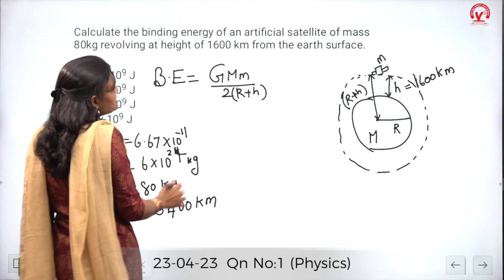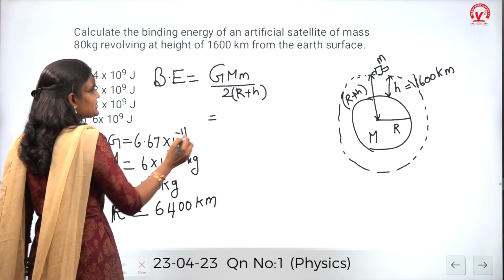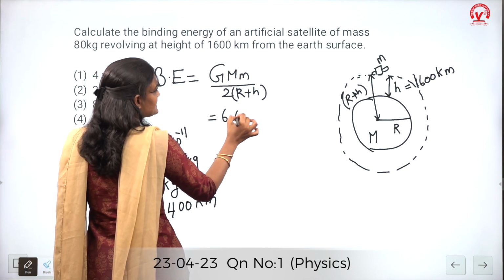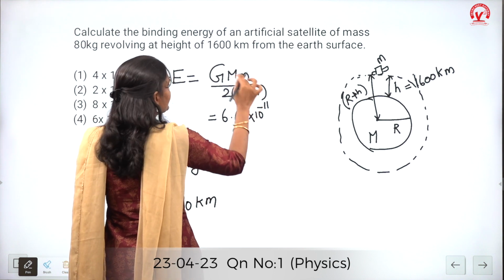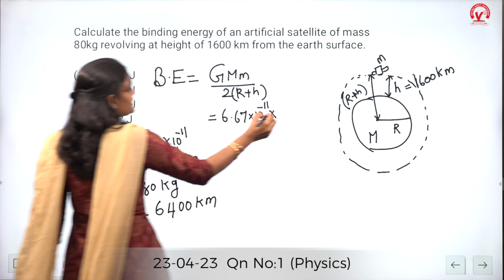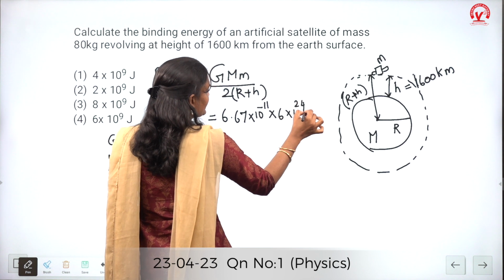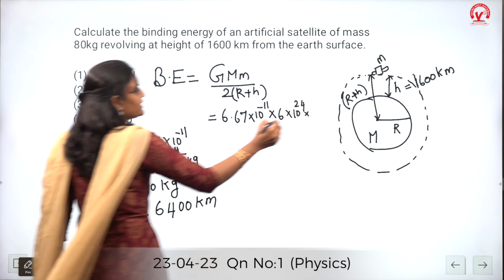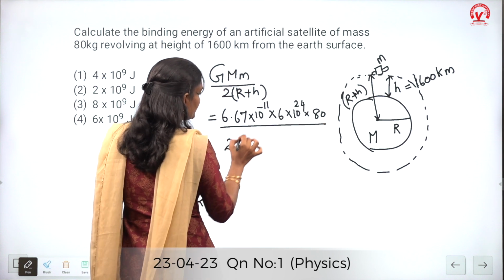Now you substitute in this formula. G is the gravitational constant, 6.67 into 10 power minus 11, into the mass of the Earth, 6 into 10 power 24, and the satellite mass is 80, divided by 2.